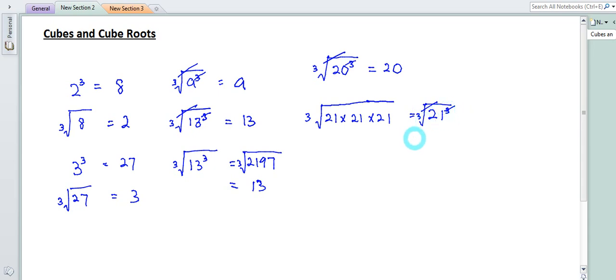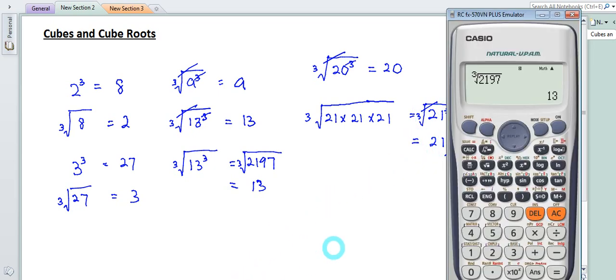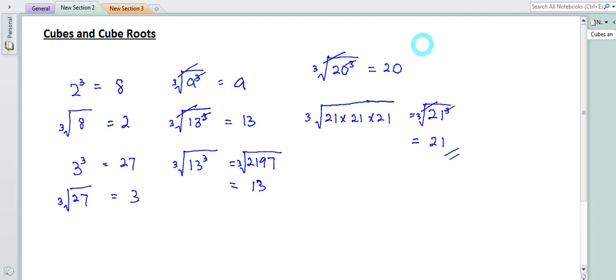Again the same thing, the answer is 21. Okay, let me show you. If you want to use the calculator, cube root of 21 times 21 times 21. The answer will be 21. Okay, if you have the calculator, or actually we can get the answer very fast.